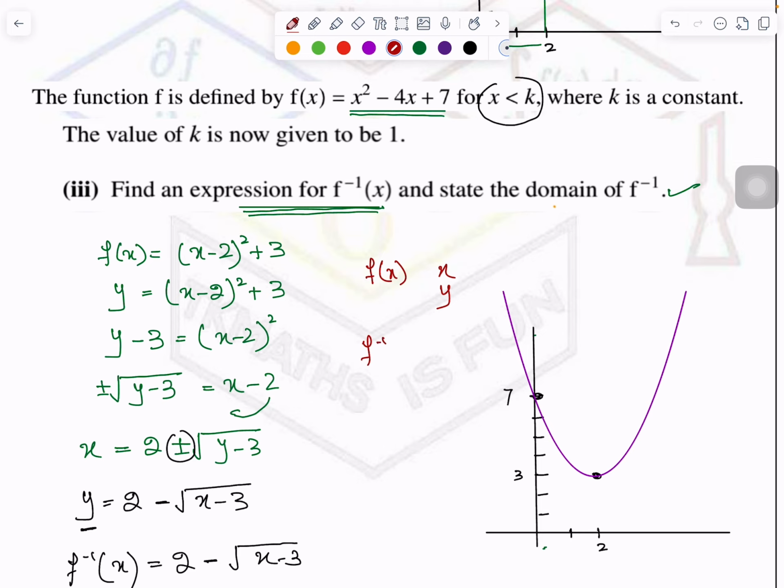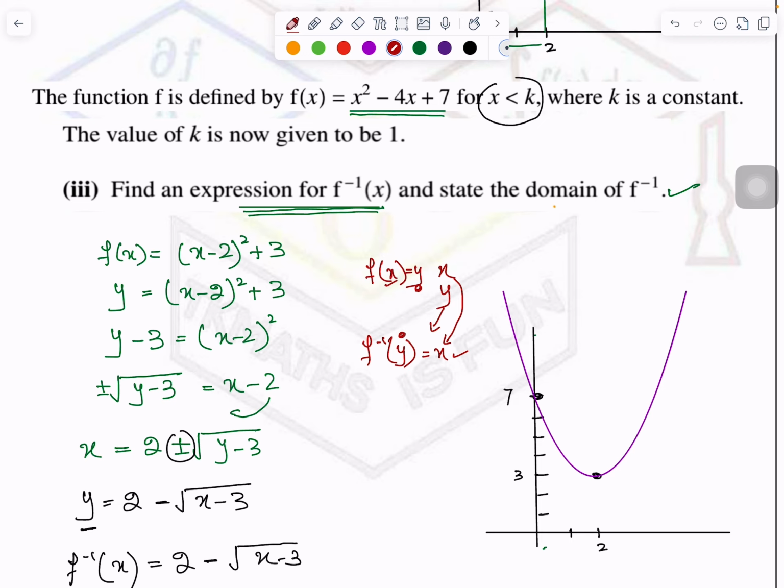For the inverse function, this y becomes your domain and this x becomes your range, because it inverses. So if it is f(x) equals y, then in the inverse function it is like this. Whatever your range is, that will become the domain, and it will give you the output as a range, which is the domain of this.